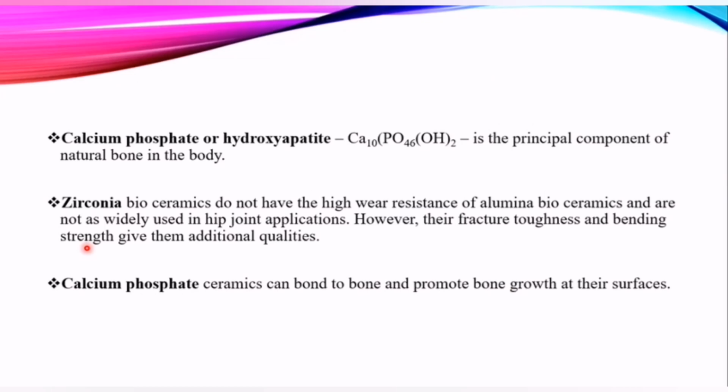Calcium phosphate ceramic can bond to bones and promote bone growth at its surface. A popular use of this ceramic is as a coating on dental and orthopedic implants. For example, titanium tooth root pegs coated with hydroxyapatite, a form of calcium phosphate, give a longer lasting implant than pegs that have been glued or cemented in place.